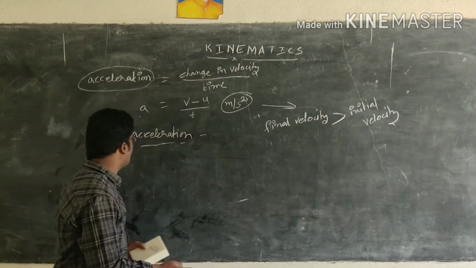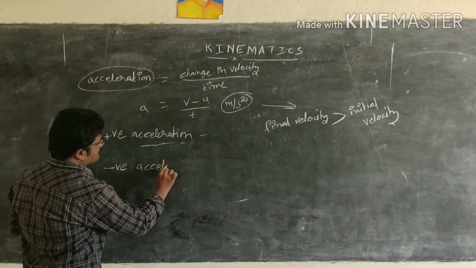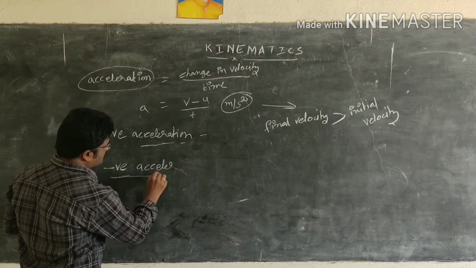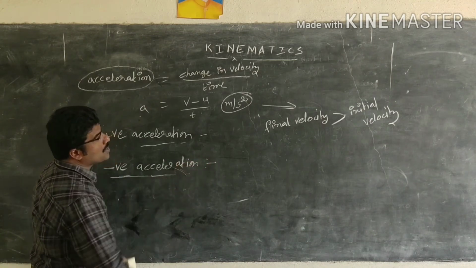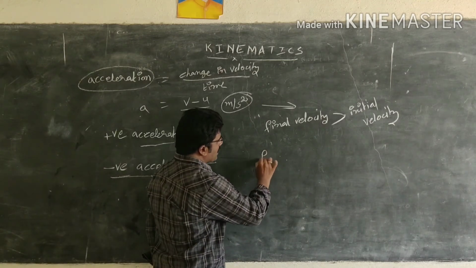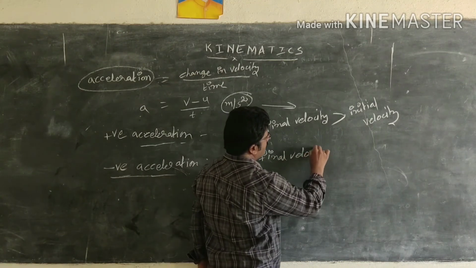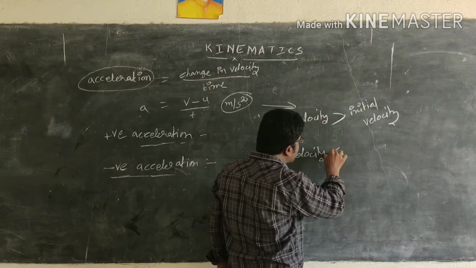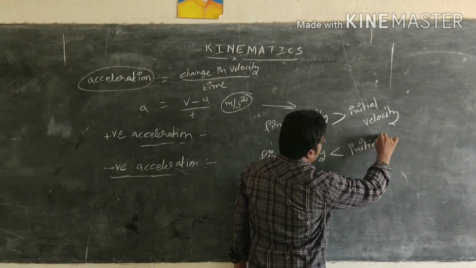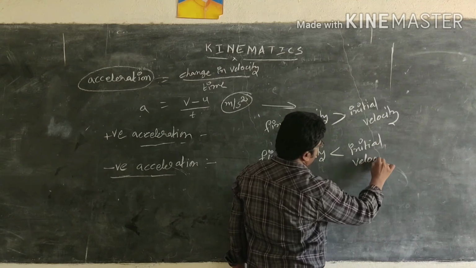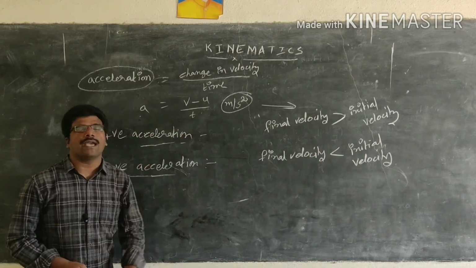Negative acceleration means if the final velocity of the body is less than the initial velocity, then the body is said to have negative acceleration.